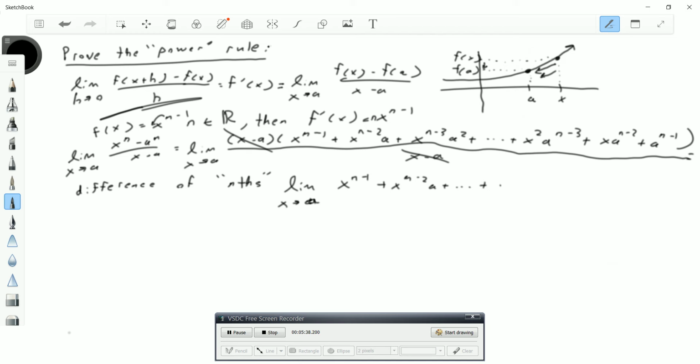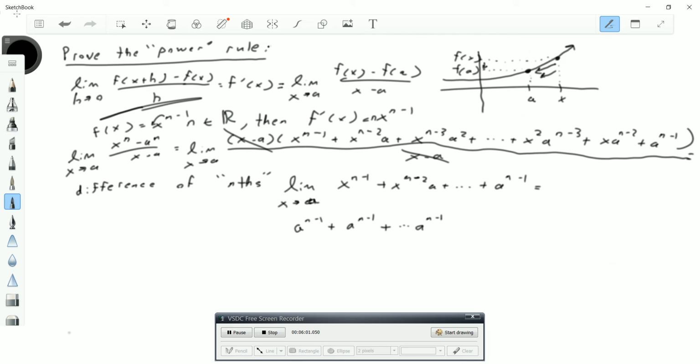Now, that is equal to, alright, now x goes to a basically since the function is continuous, so we get a to the n minus 1 plus, now we have a to the n minus 2 times another a, which is a to the n minus 1 plus dot dot dot a to the n minus 1.